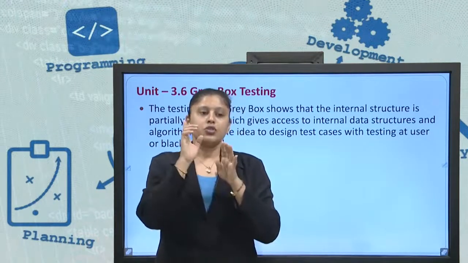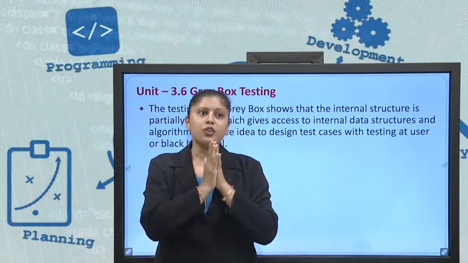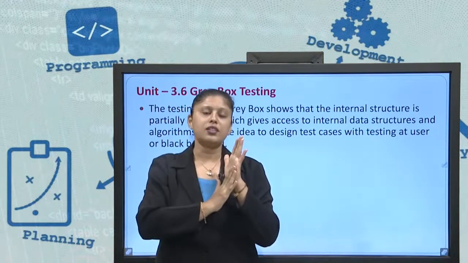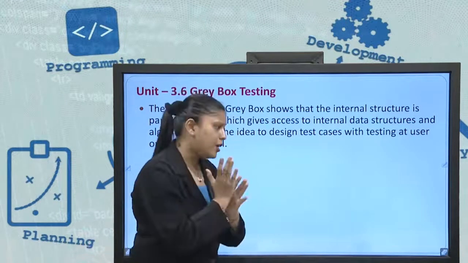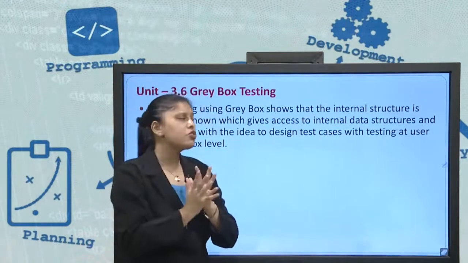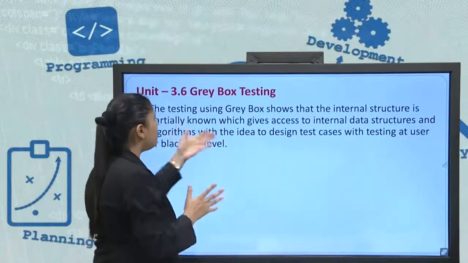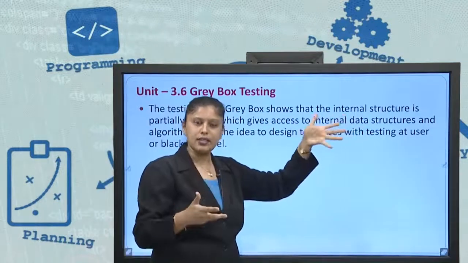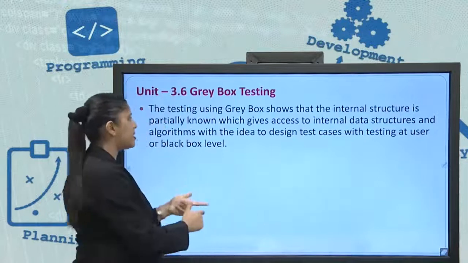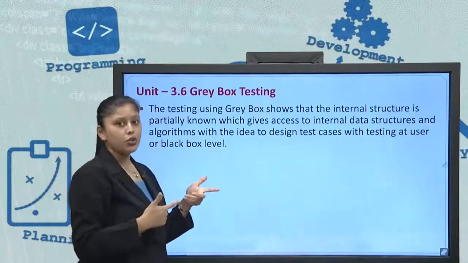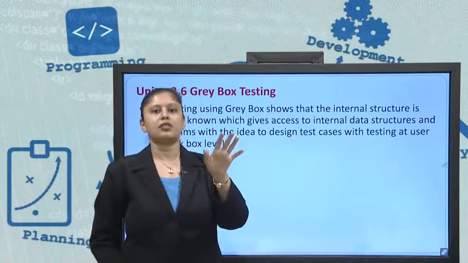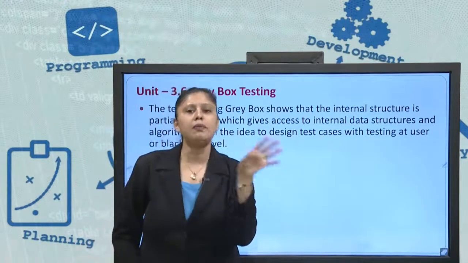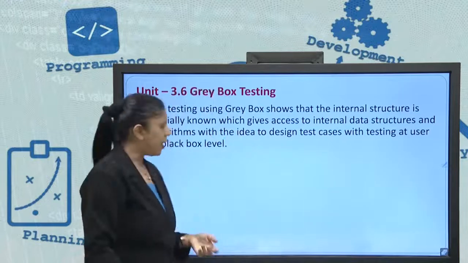Based on those partial things, you will be given access to certain internal data structures which will help you design the test cases that my user is going to use, and those test cases at user level are going to be black box level.